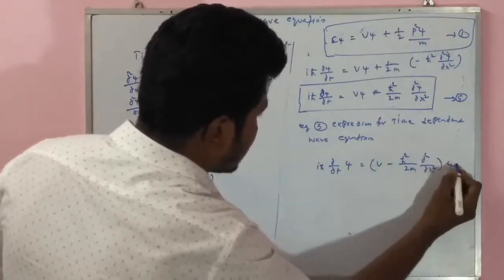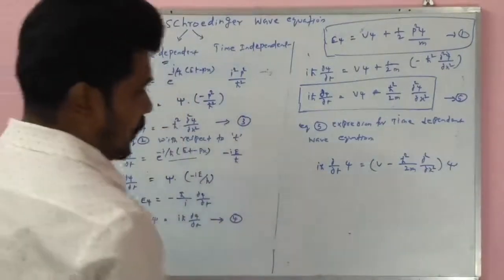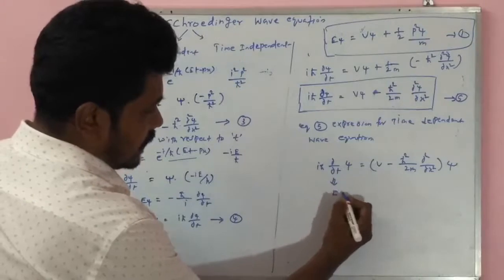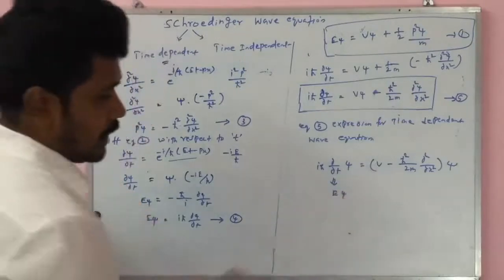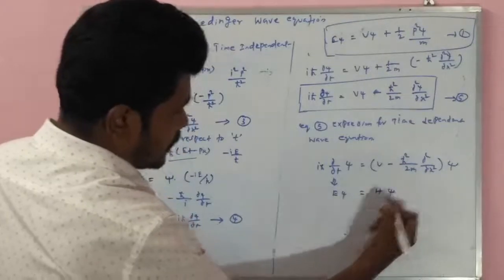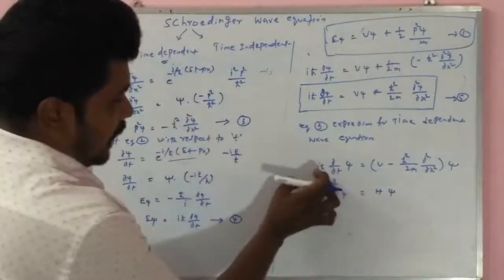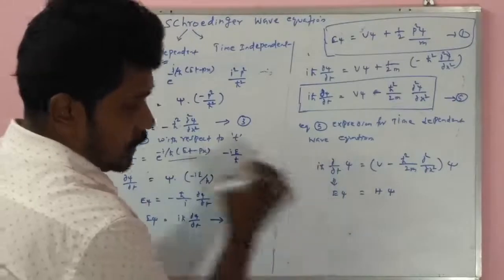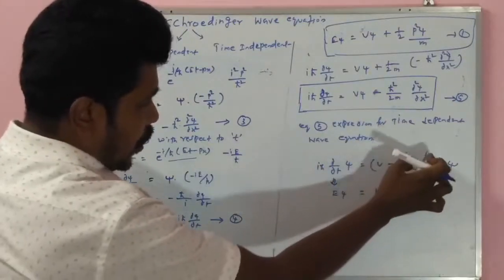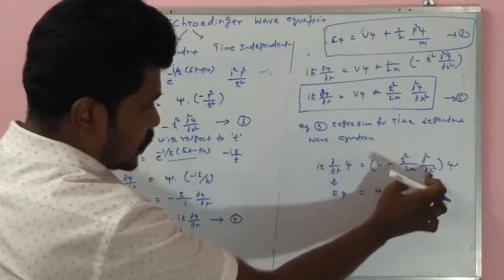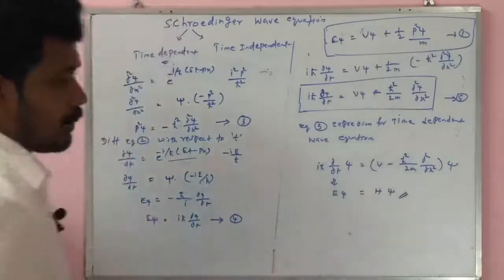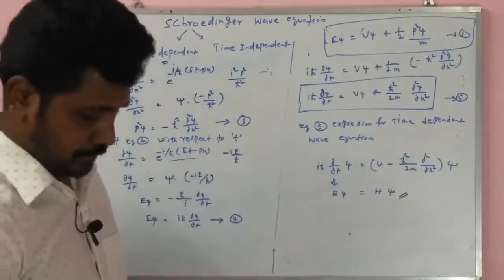This common factor is ψ. In this case, these are the energy operator, otherwise the Hamiltonian operator. So iħ ∂/∂t is equal to E, the energy operator, and V minus ħ²/2m ∂²/∂x² is equal to the Hamiltonian operator. So that is the time dependent wave equation.